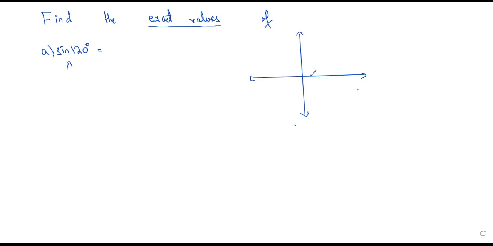Now we have sine 120. 120 is positive. We started from 0 degrees, reached 90 degrees, and this would be somewhere near 180. If I make a line, it would be something of this type.